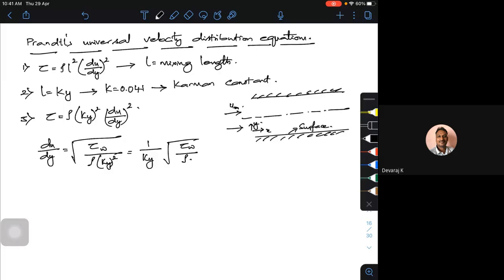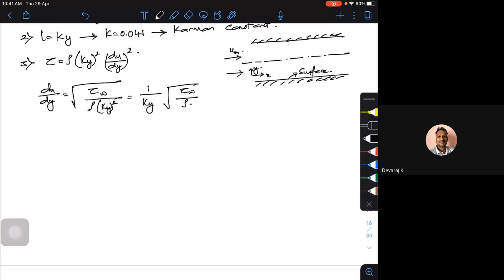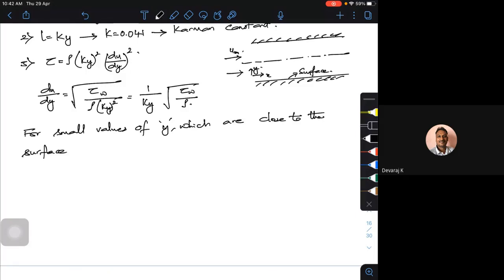That means your y values are very, very small. Okay, for that condition, what will happen? Let me write that. For small delta values or small values of y which are close to the surface.